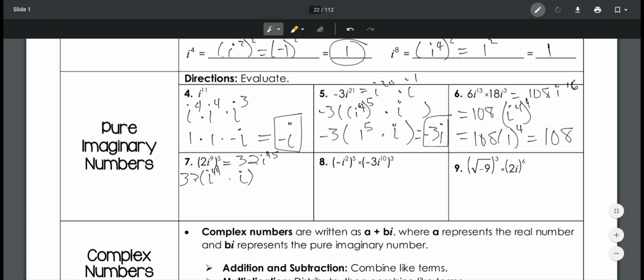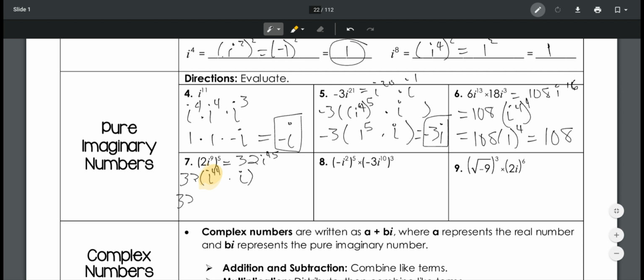Now, I told you every odd power of i is either going to have an i or a negative i outcome. So what I need to do is figure out my i to the 44th power.